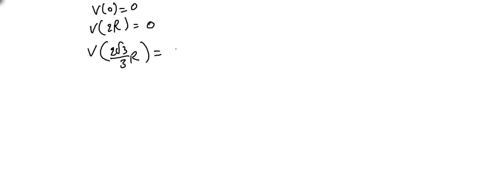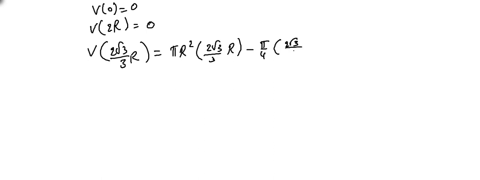Okay, pi R squared h, where h is the height of the cylinder, minus pi over 4 h cubed, with h equal to 2 radical 3 over 3 R.